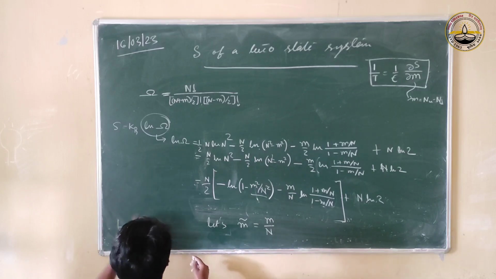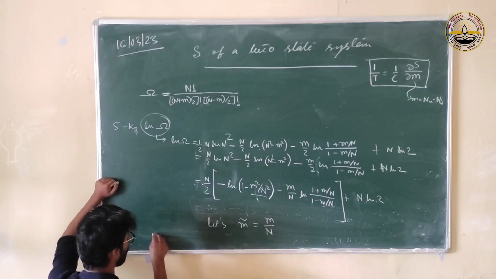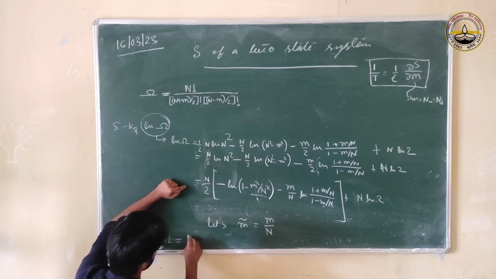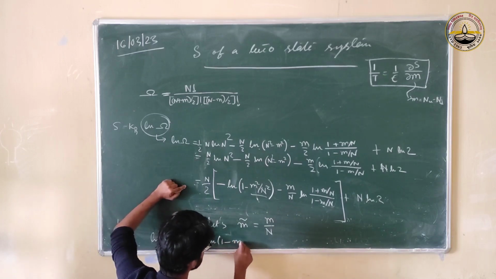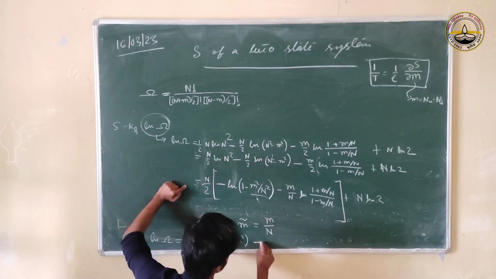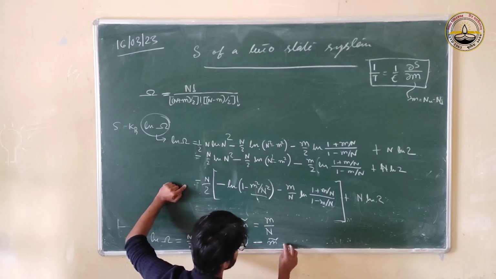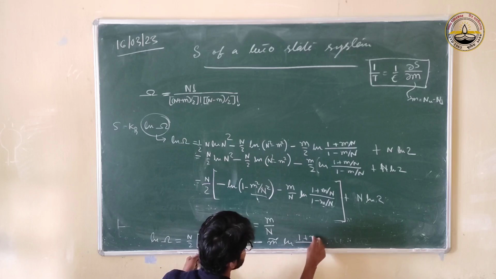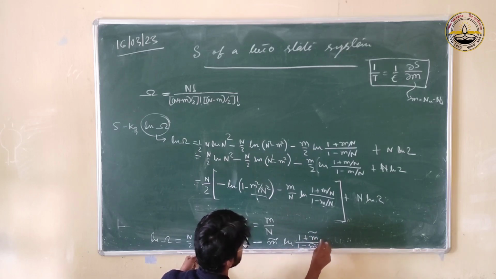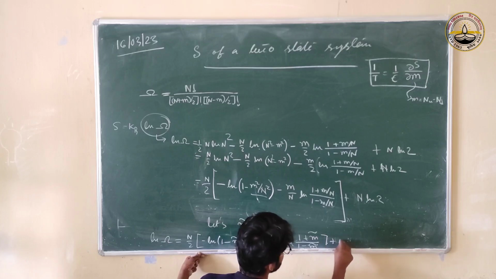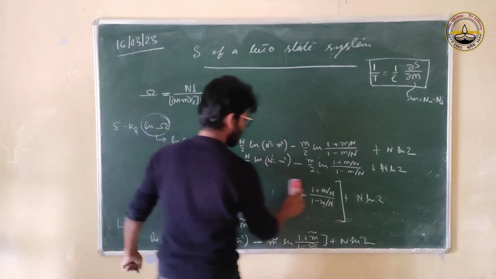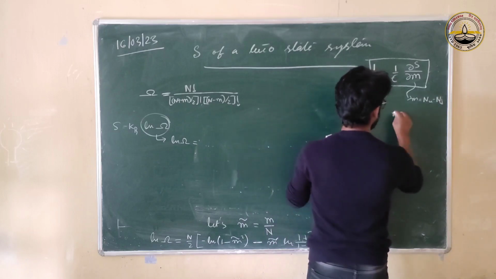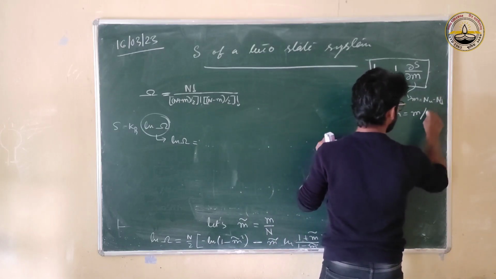If I use that, then my ln omega takes the form n over 2 minus ln (1 minus m tilde square) minus m tilde log of (1 plus m tilde)/(1 minus m tilde), and simply n ln 2, right? Okay. So let me also save this variable, m tilde equal to m over n.